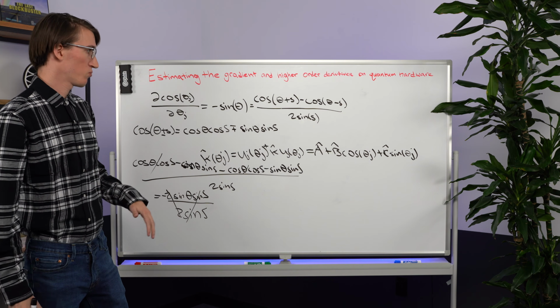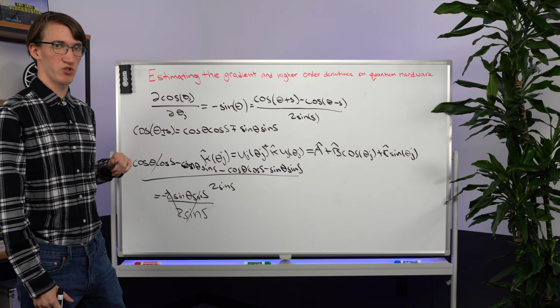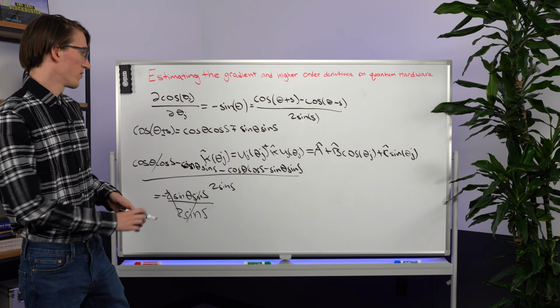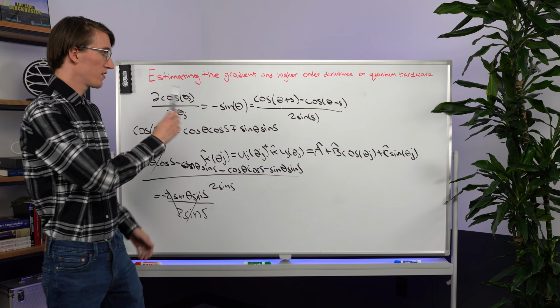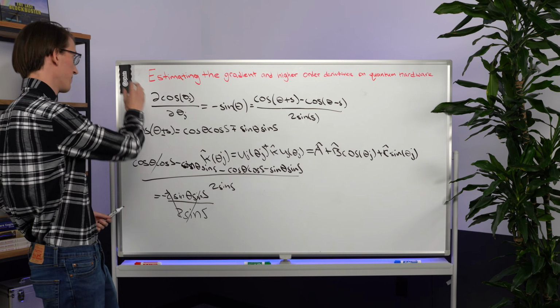The same process will apply also to sine of theta, which has a similar angle addition property. We won't derive that here, but the same holds, and simply we replace cosine here with sine, and the derivative is the same.